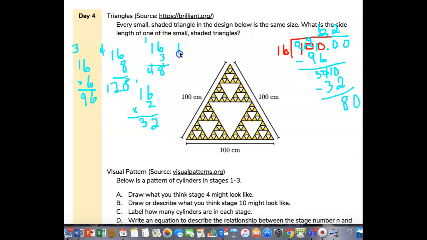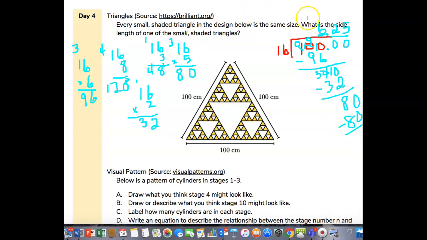So let's try 5. Okay, 6 times 5 is 30. Put down our 0, carry our 3. 5 times 1 is 5 plus 3 is 8. Aha, right on the money. So this is 5, and we know that 5 times 16 is 80. So we have our answer.